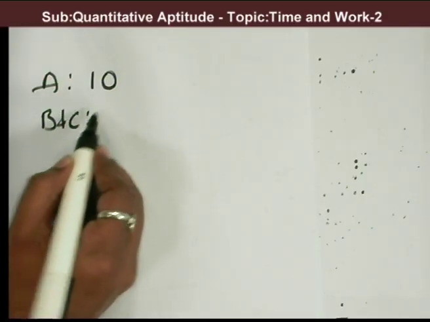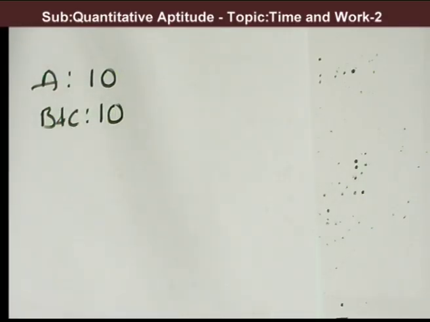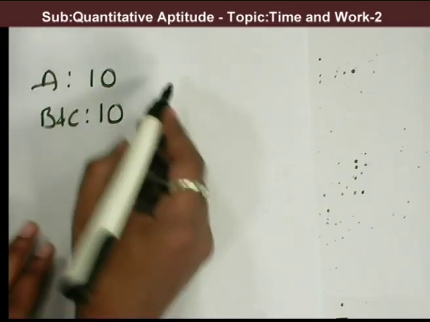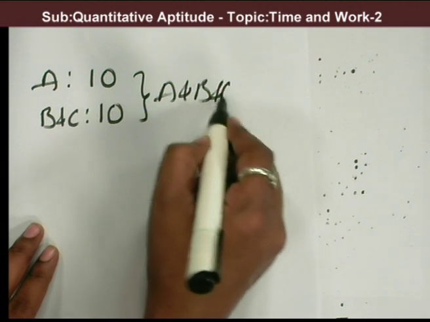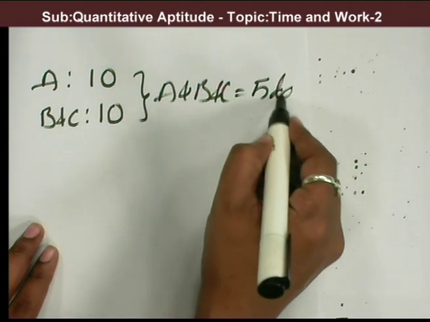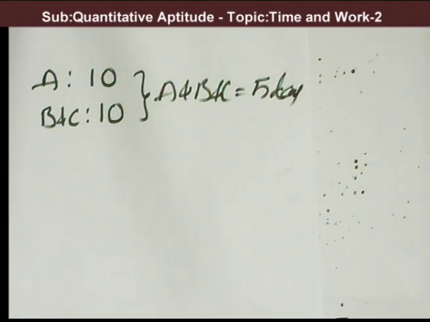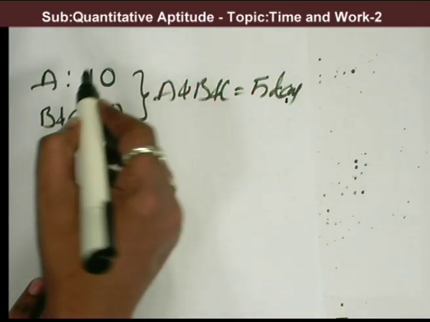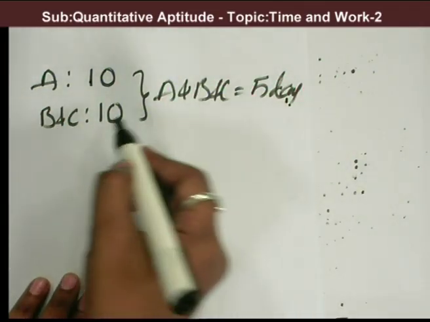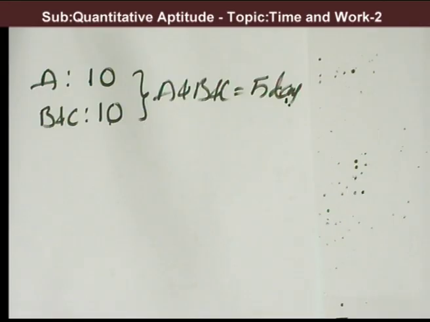If A, B and C all work together, it takes 5 days. Is it right or not? So, ABC is 5 days. You observe, if ABC is 5 days, it is double for A's work and double for B and C's work. Okay, this is the concept.